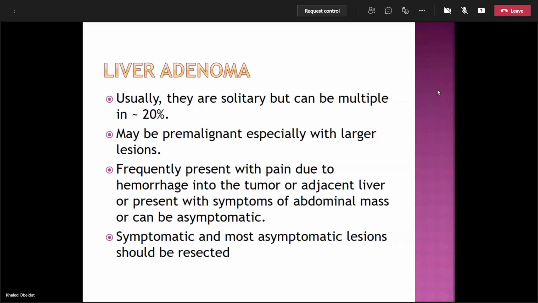Sometimes we take the conservative treatment as an option in small adenomas in those women who are taking oral contraceptive pills or who are close to menopause.